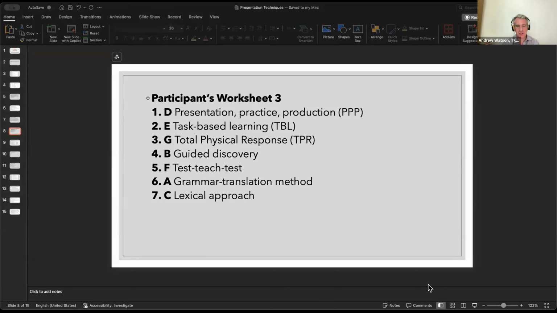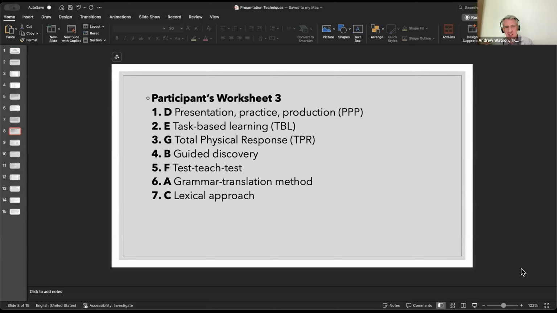Has anyone tried any of these out? Someone said they like test, teach, test. Why is that? I think we have one or two fans of test, teach, test here. You like that approach? What's unusual about test, teach, test? Where does the language focus come?